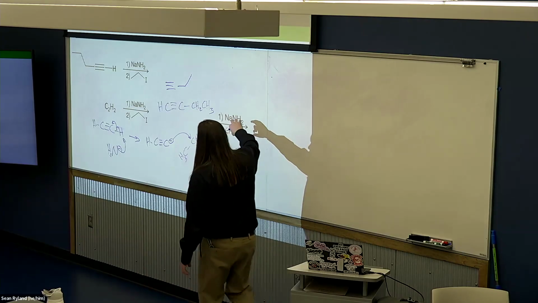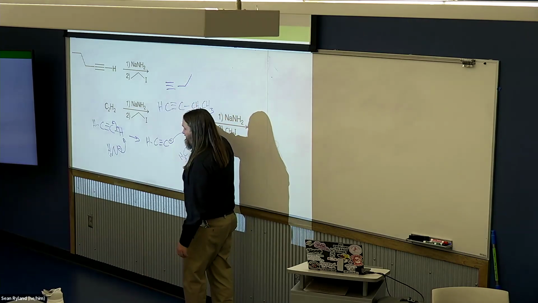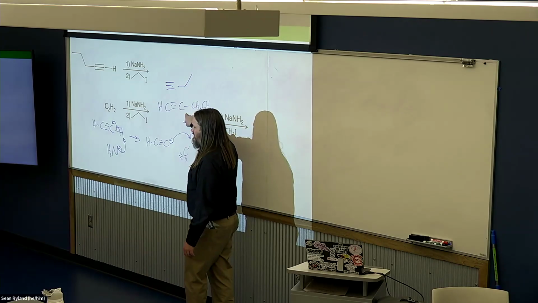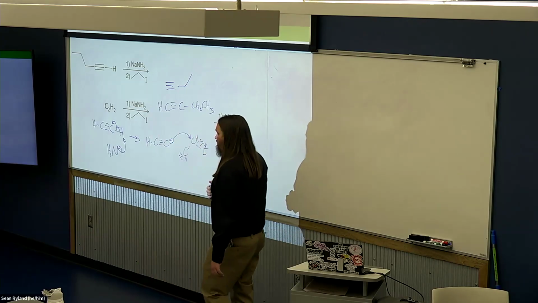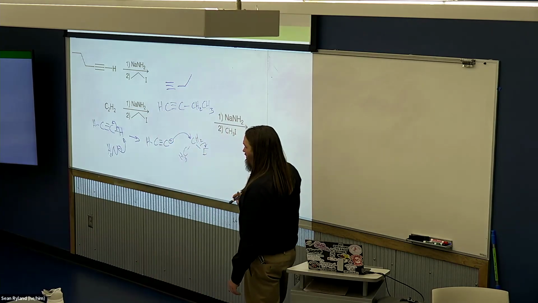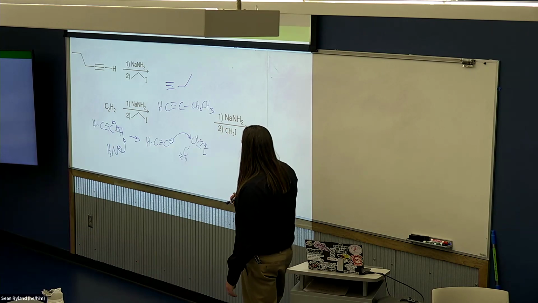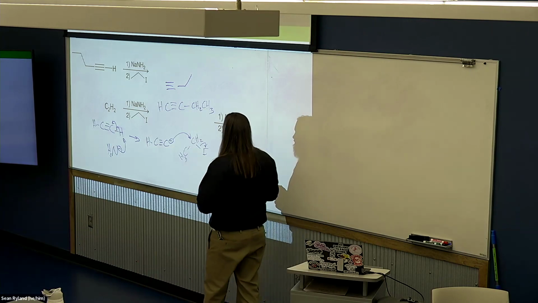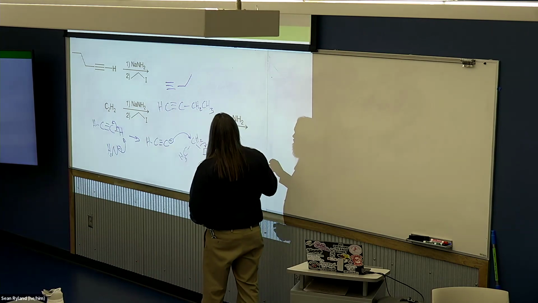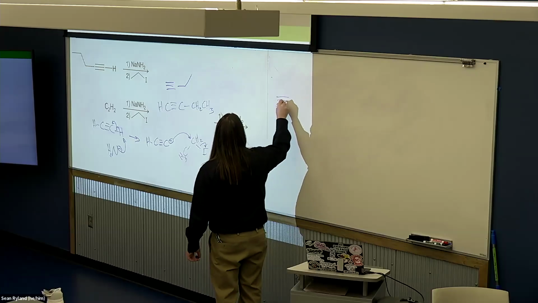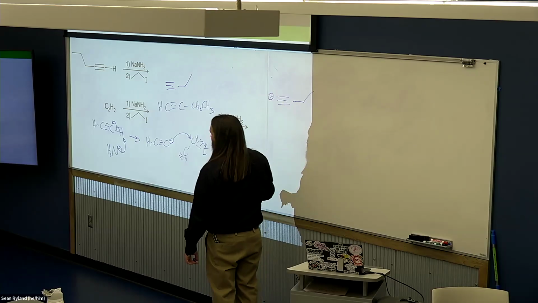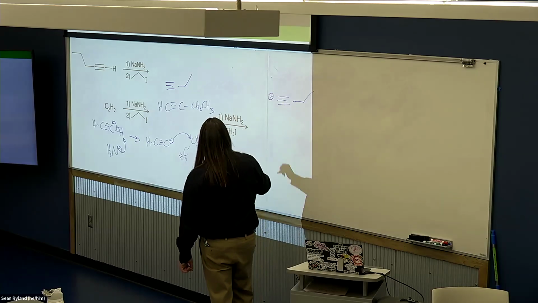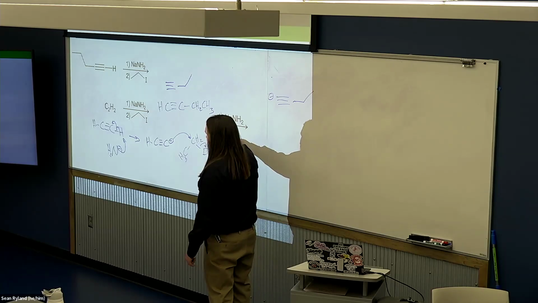So this last arrow is basically, okay, now let's take this and we're going to deprotonate the other side of the alkyne. So our deprotonated form would look like that, and then we're exposing it to methyl iodide, or iodomethane.